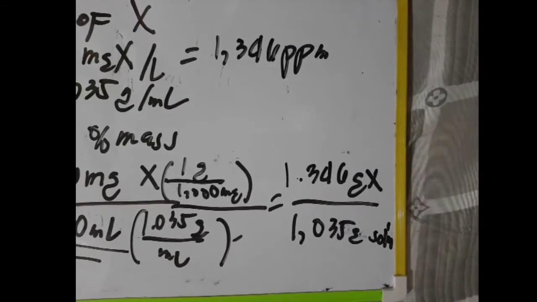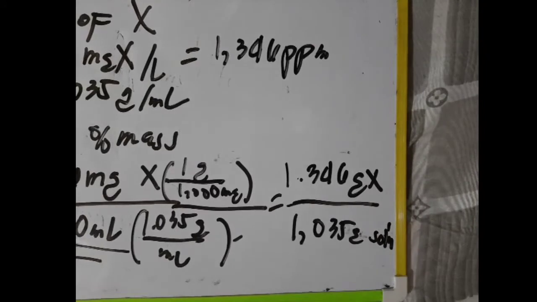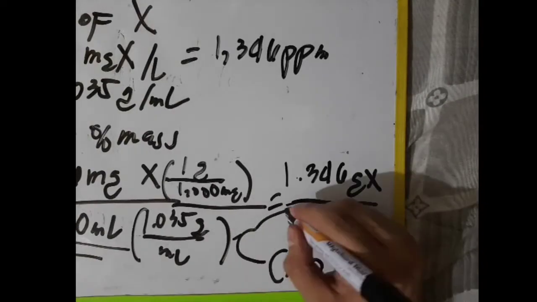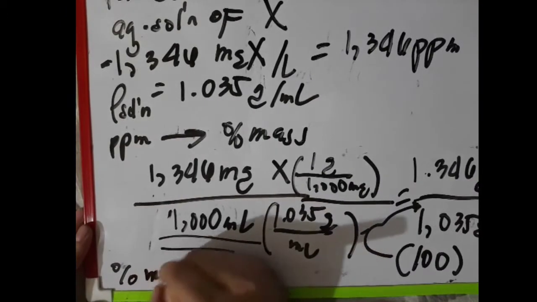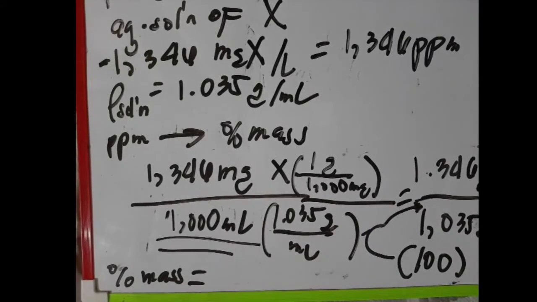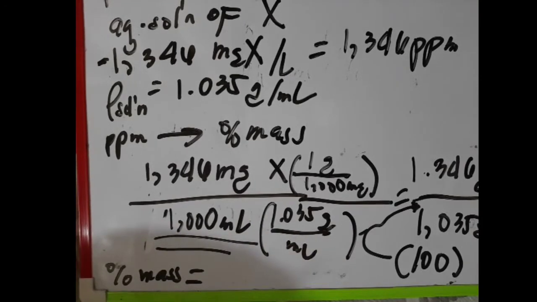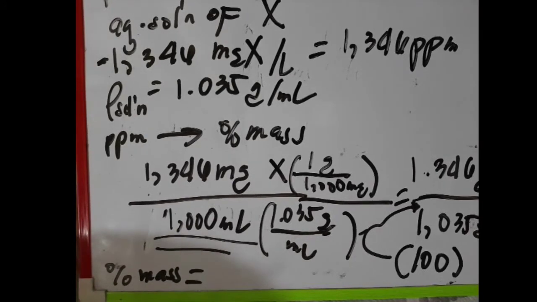Okay, so we have grams of the solute divided by the grams of solution. All we need to do is multiply this by 100, and you get a percent mass equal to, let me calculate this one, 1.346 divided by 1,035 times 100.